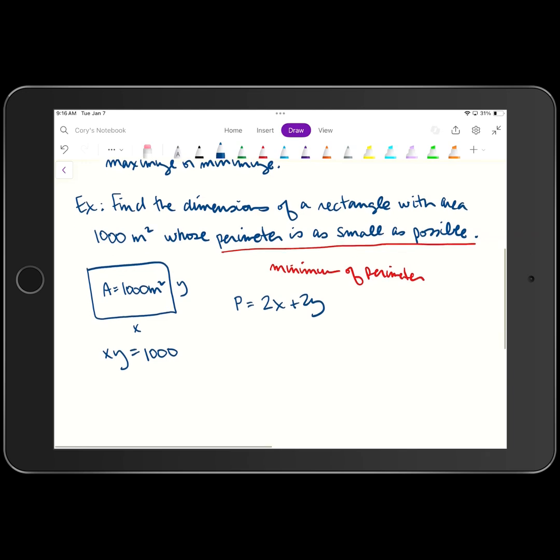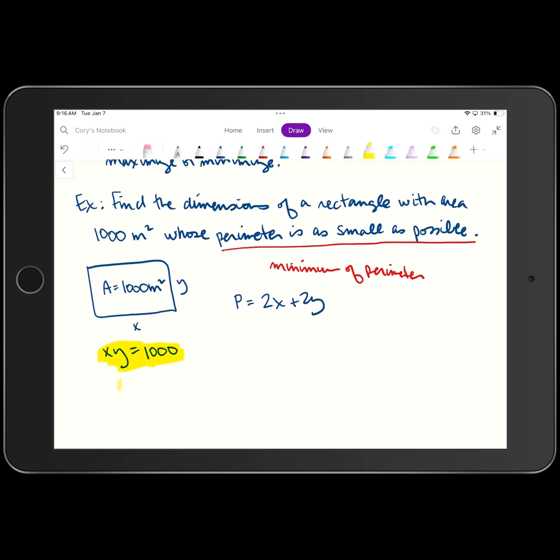The way that we're going to be able to get perimeter written in terms of a single variable is we can go to this equation that I highlighted in yellow, the equation that relates both variables. We can solve that equation for one of the variables. So let's say we solve that equation for y.